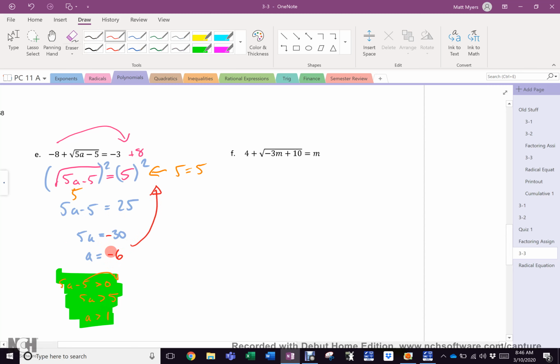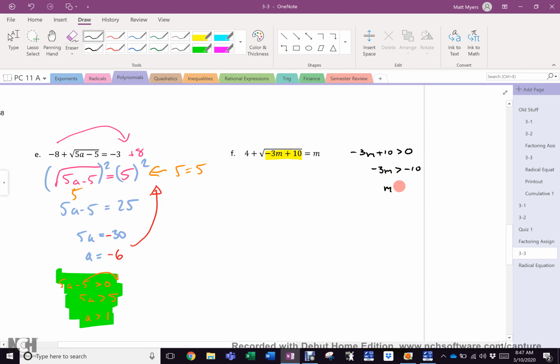Okay? So this one right here, if we check our restrictions first, then maybe we already know one of our roots or both of our roots don't work without checking. So I always like to check restrictions first, because it's a pretty easy check, right? I only look at the radicand. Negative 3m plus 10 has to be greater than 0, right? So negative 3m has to be greater than negative 10.